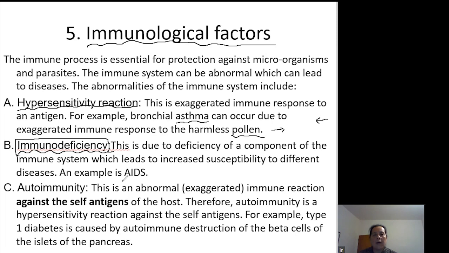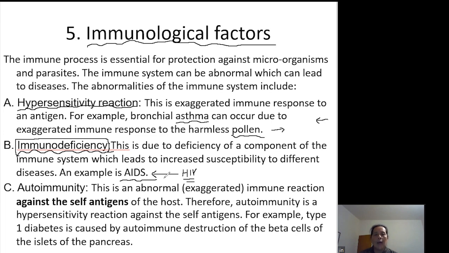We have a special kind of virus that we call HIV. HIV is the virus name, and the illness it causes is called AIDS, which means acquired immunity deficiency syndrome. It is not a natural immunity deficiency; it's caused by other reasons, here a virus infection.